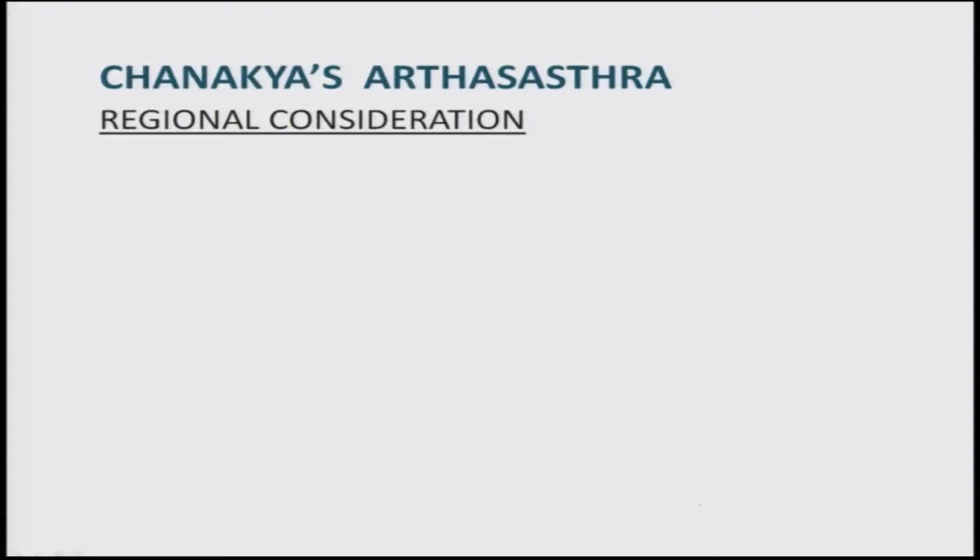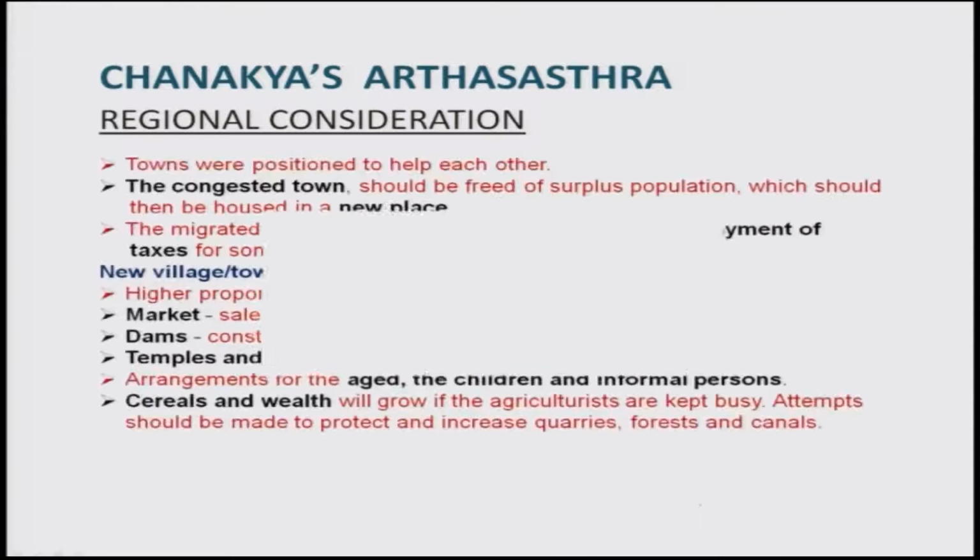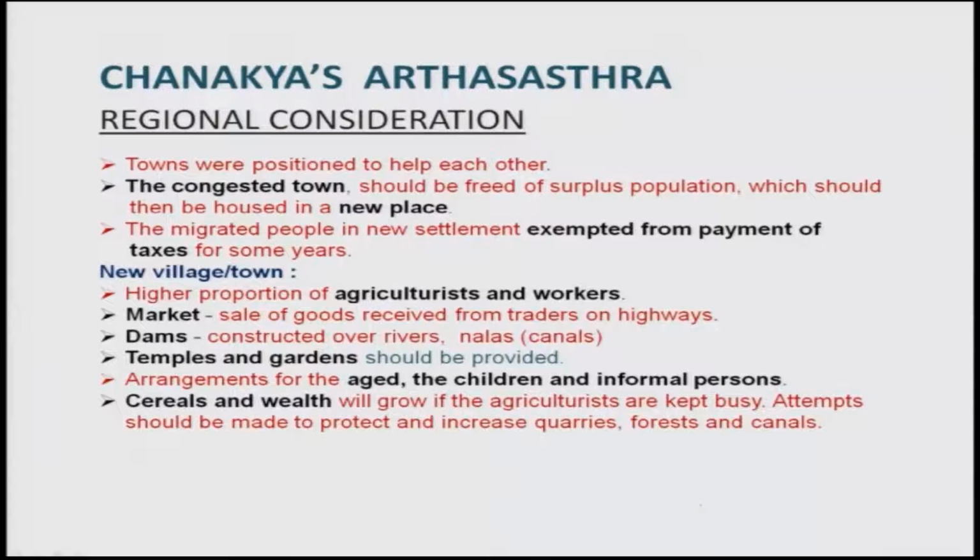What we will be discussing now are some of the things mentioned in Chanakya's Arthashastra about town planning. There is a regional consideration: he prescribed that towns must be positioned in such a way not only to help people help each other, but also to protect them from the enemies. There is also the problem of congestion in the town at that time, due to surplus people, which must be decongested.